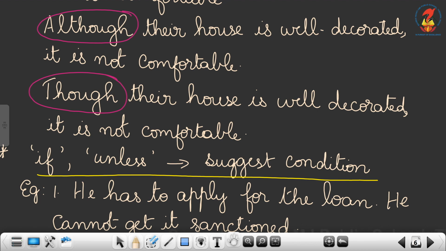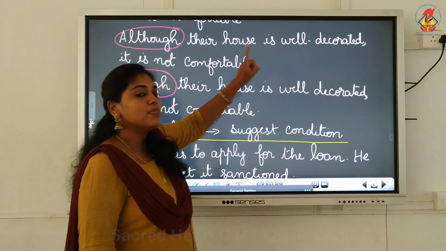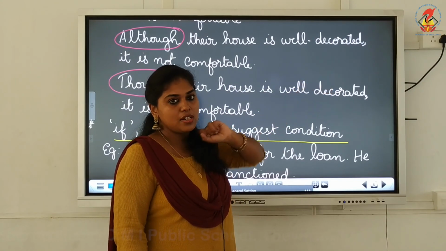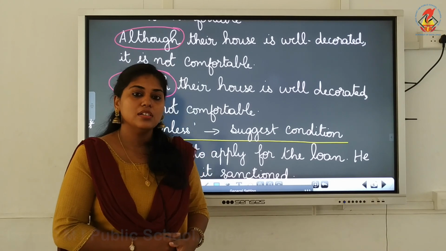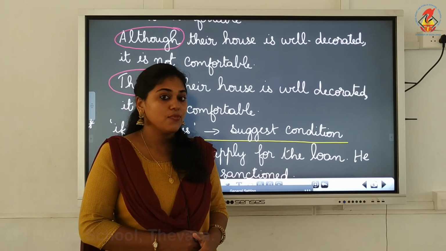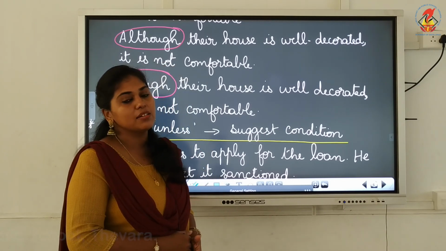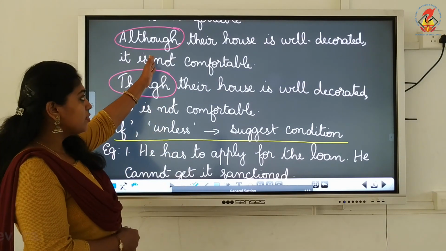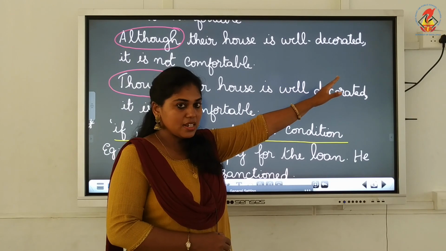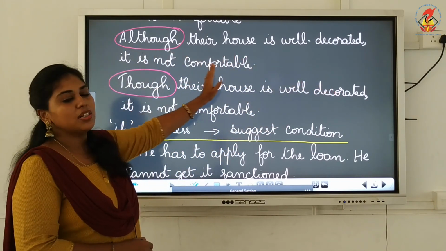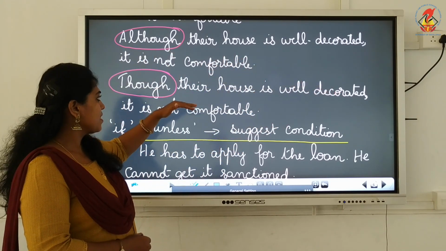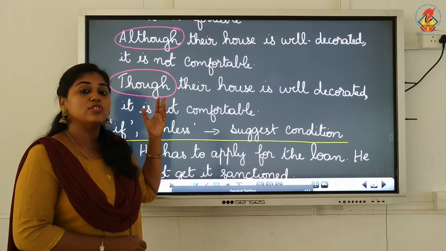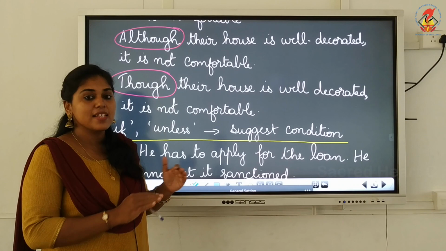So here, still was written in the middle of the sentence, right? But if although comes, we can write it at the beginning of the sentence. So how do we write that same sentence? Although their house is well decorated, comma, it is not comfortable. Now the next sentence uses the conjunction though. As I said, although, though, even though mean the same thing.